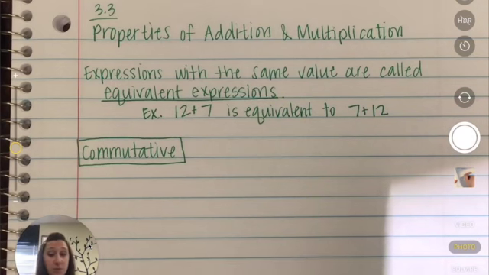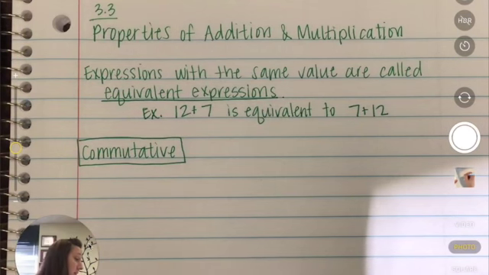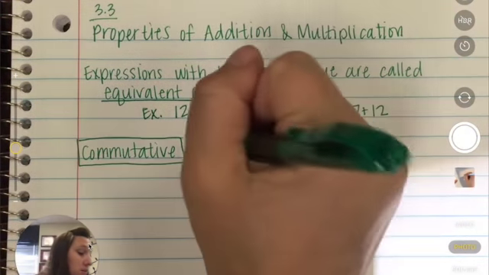So these are probably review for you, but it's really good to review and go back and try to remember these things. So the commutative property means that changing the order of the parts of your expression does not change the outcome. So that's a commutative property.